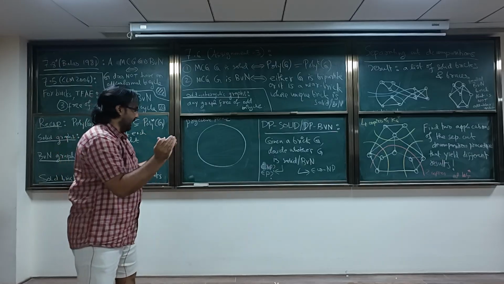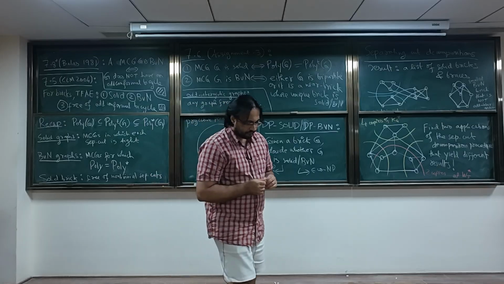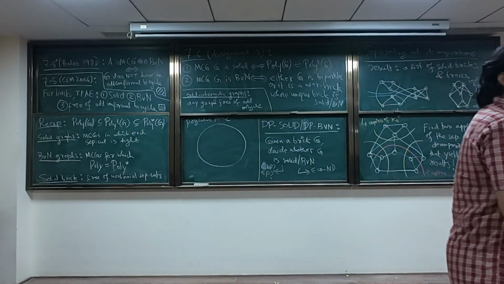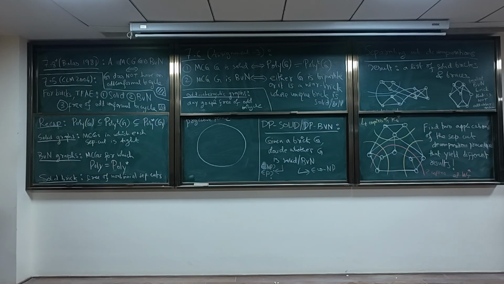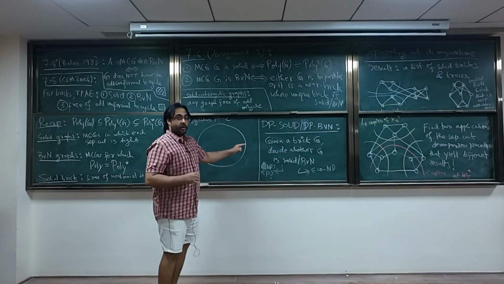So I can just make a small enough drawing and fit it here. I can't draw K6 without crossings. But maybe if I allow myself some flexibility over here, then maybe I can draw K6.